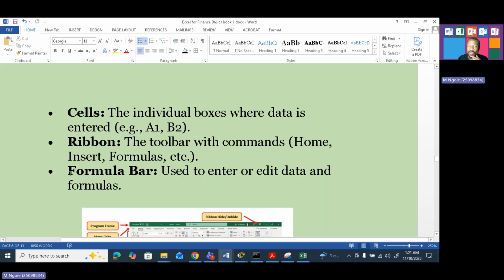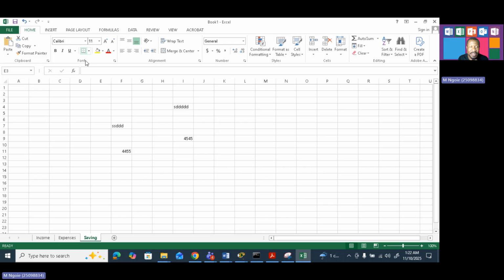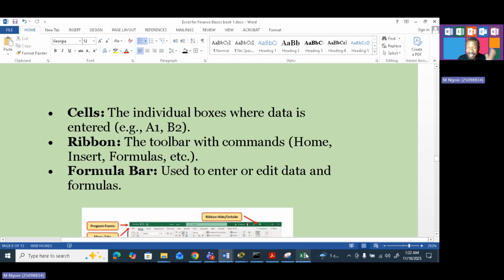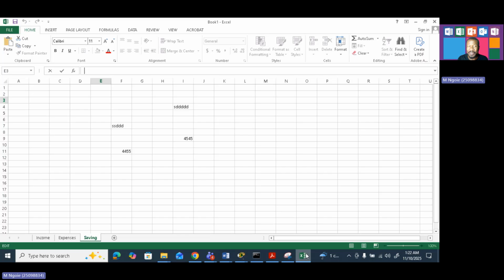And we have what we call a formula bar. The formula bar helps us to enter or edit data and formulas. See here, this is the formula bar. This is where we enter or edit data and formulas.